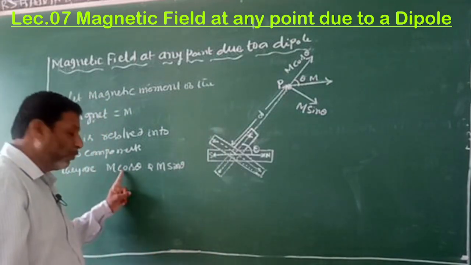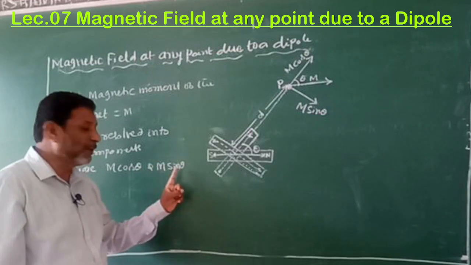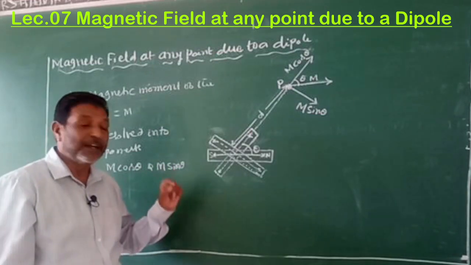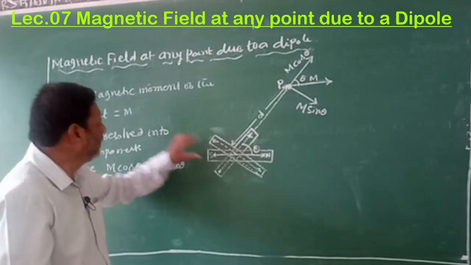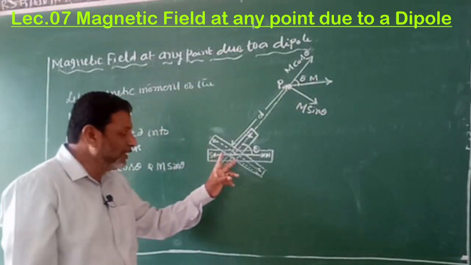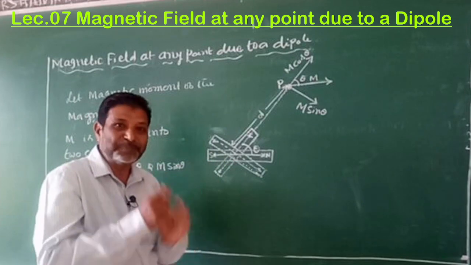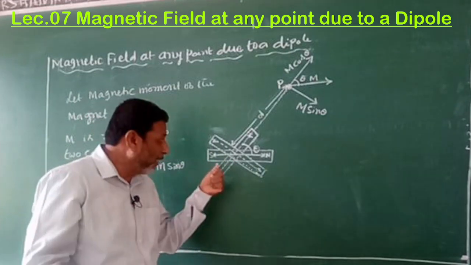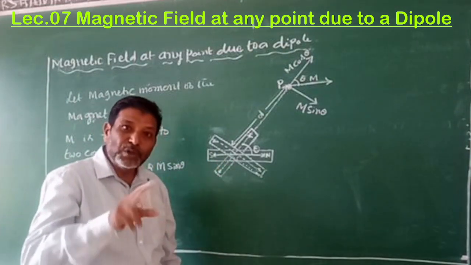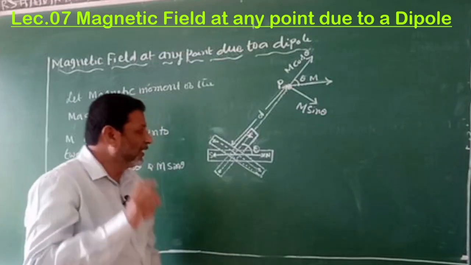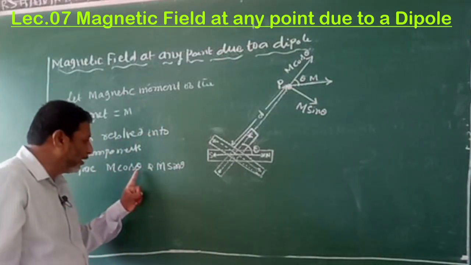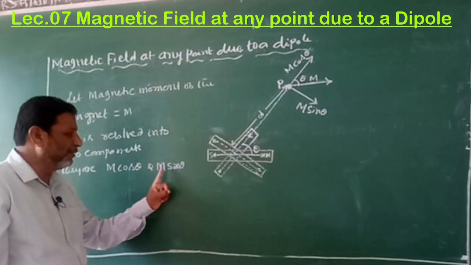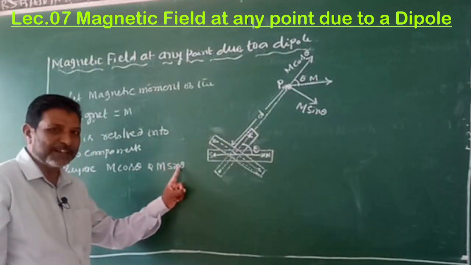One is m cos theta, another is m sin theta. This one magnet can be split into two magnets, one having magnetic moment m cos theta and the other having m sin theta.